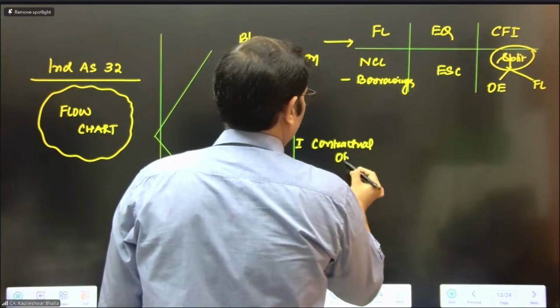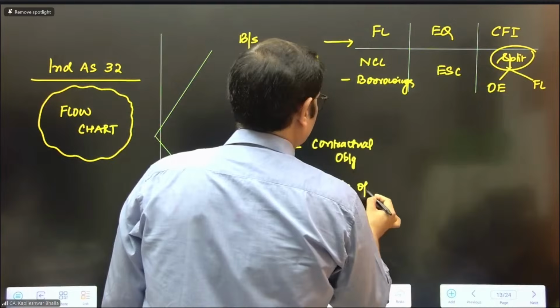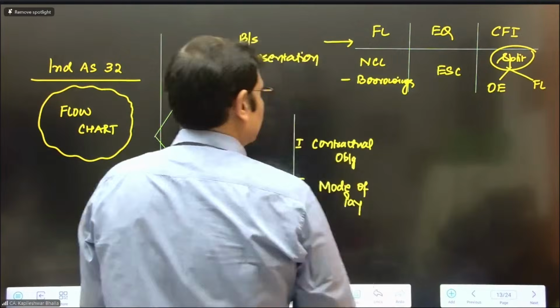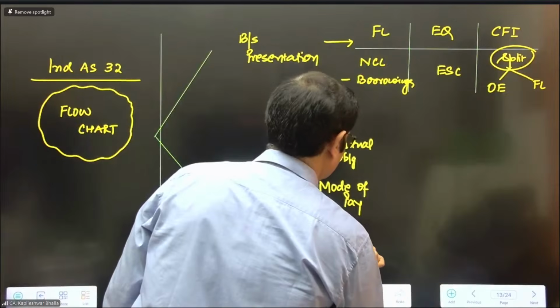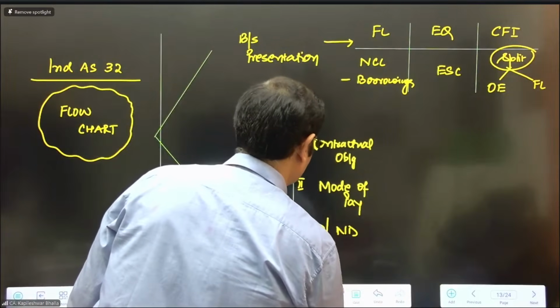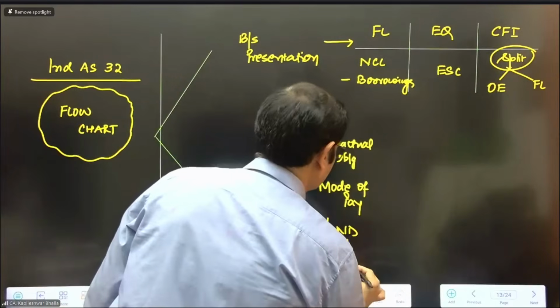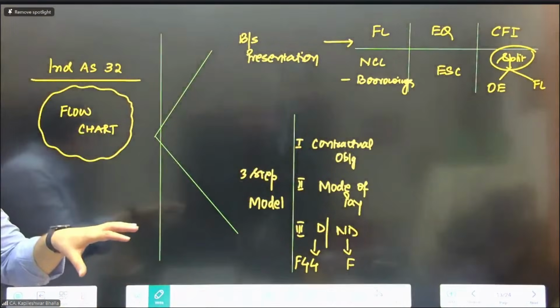The second focus point is the mode of payment. And the third focus point is deciding whether it is derivative or non-derivative. Accordingly, if it is derivative, apply a fixed for fixed test, and if it is non-derivative, apply a fixed test. That is one input we've done.